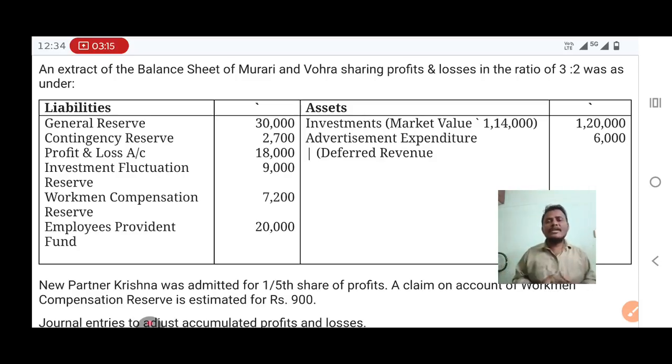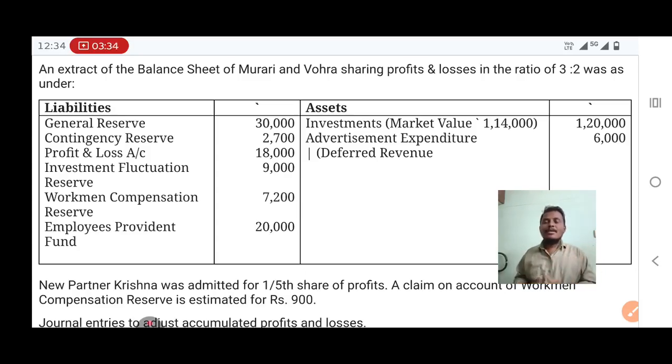What do you mean by investment fluctuation reserve? What is the purpose of investment fluctuation reserve? The purpose of investment fluctuation reserve is to support the investments when there is a fluctuation in the value of investments made.